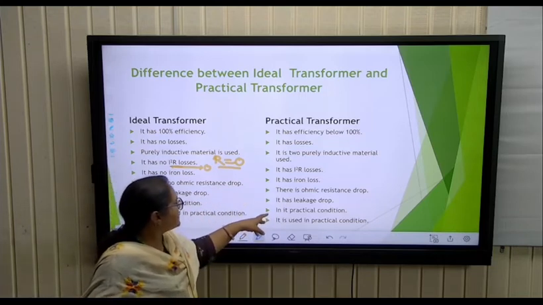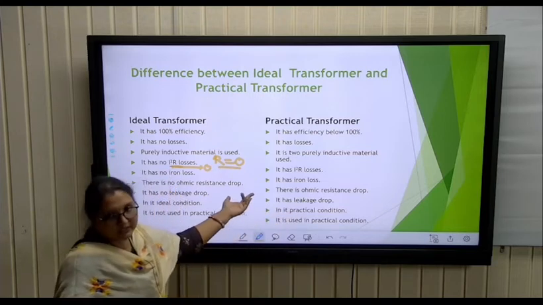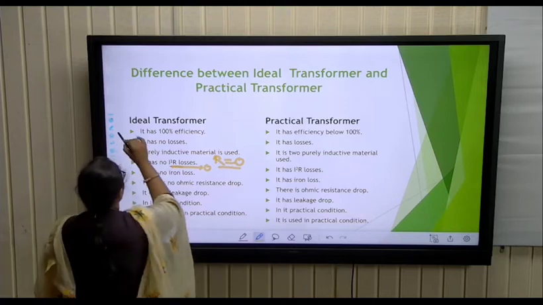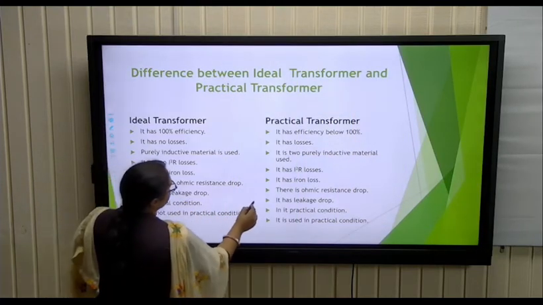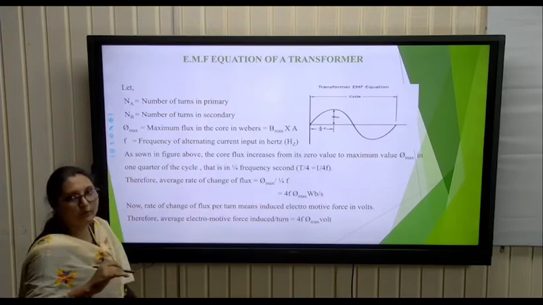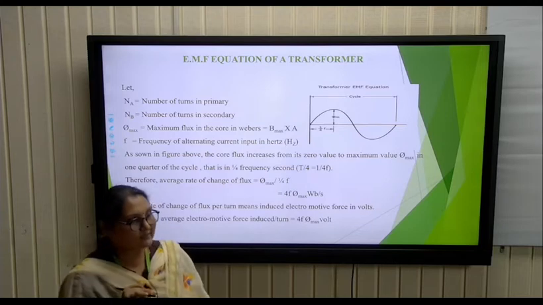Whereas in a practical transformer, you have an ohmic resistance, you have a leakage drop, and there will be some practical conditions which exist in the transformer. So this is a brief idea about the difference between the ideal and the practical transformer.